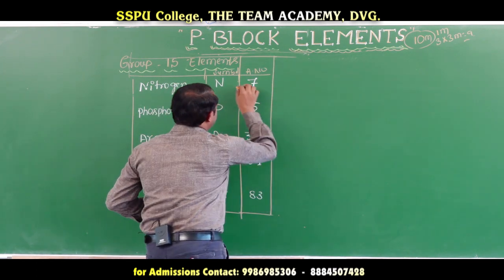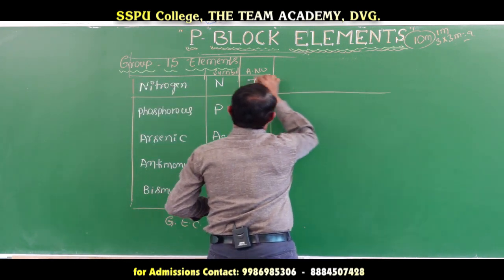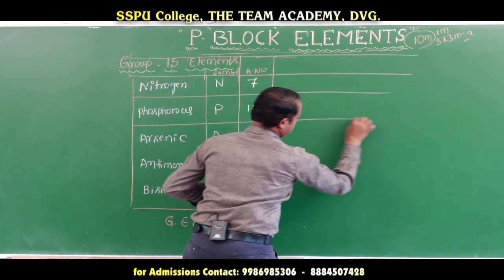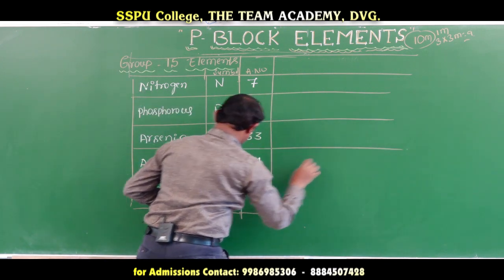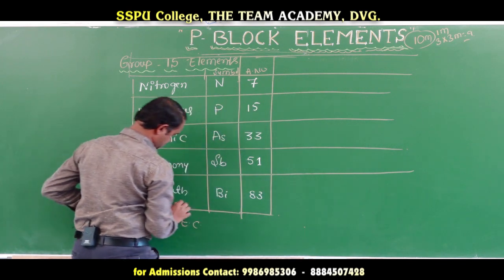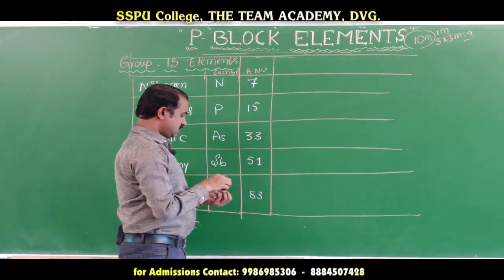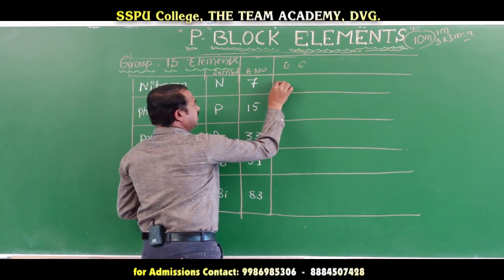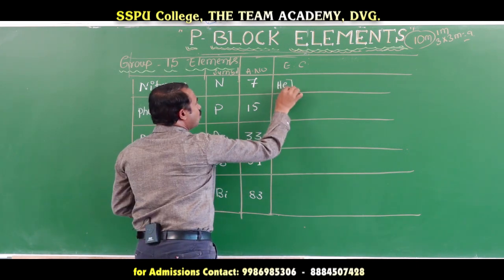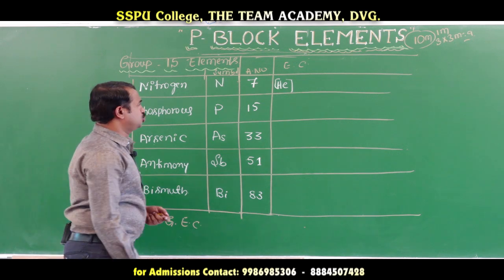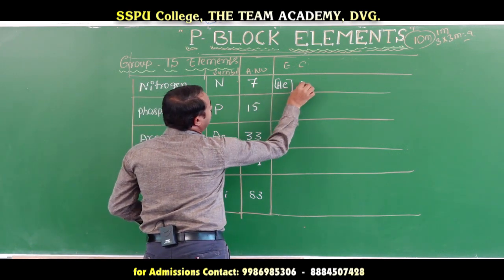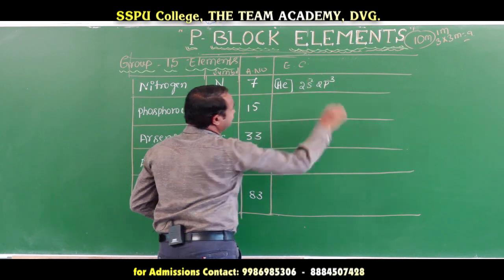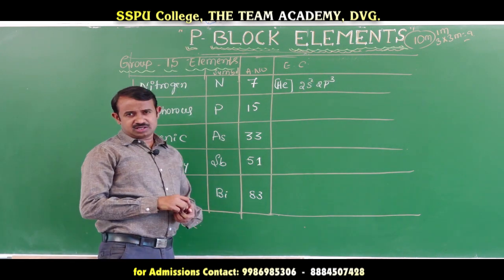For nitrogen the configuration is 1s2, 2s2, 2p3.